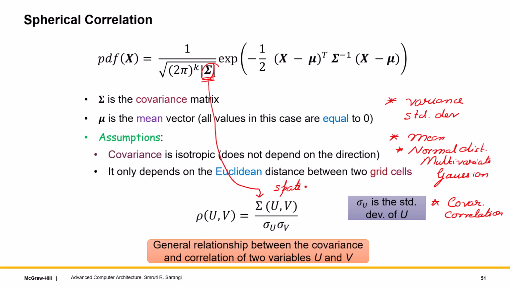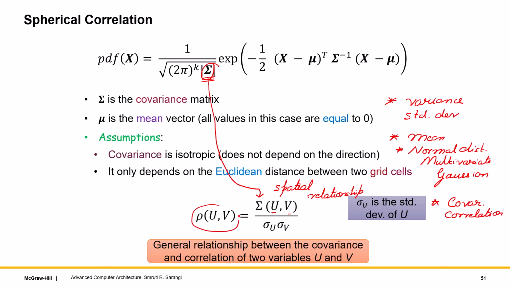And the covariance is very well related to another concept called the correlation. They are related like this: you just divide sigma uv, which is the covariance between random variables u and v, which in our case is the covariance between the deviations at location u and location v, by their standard deviations.